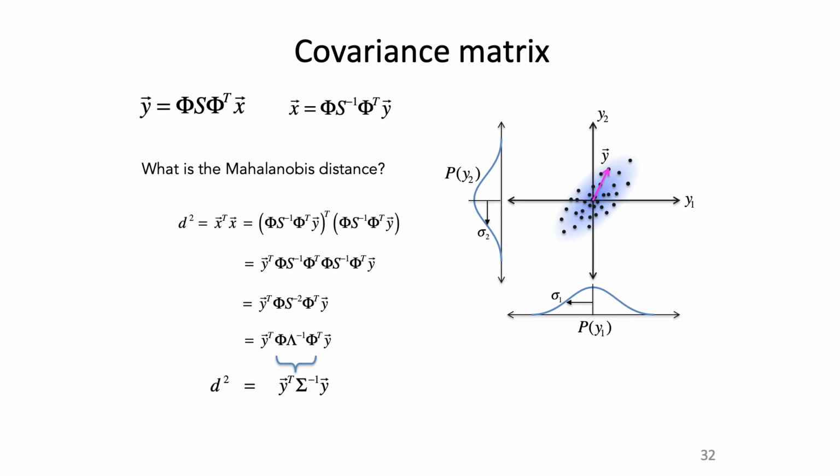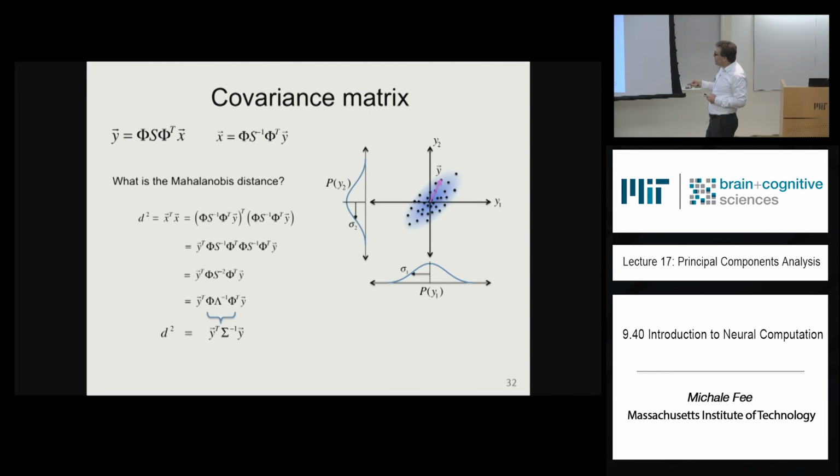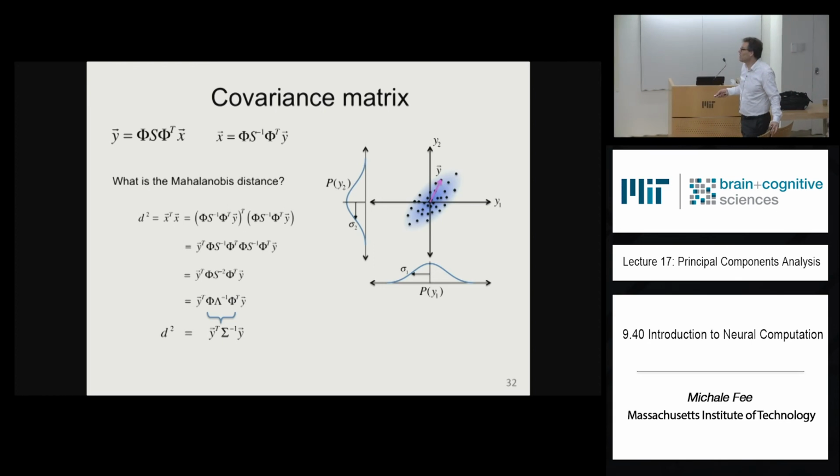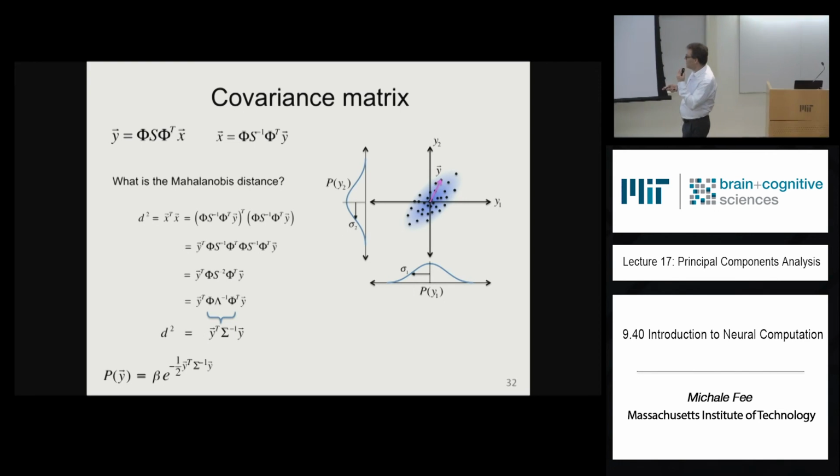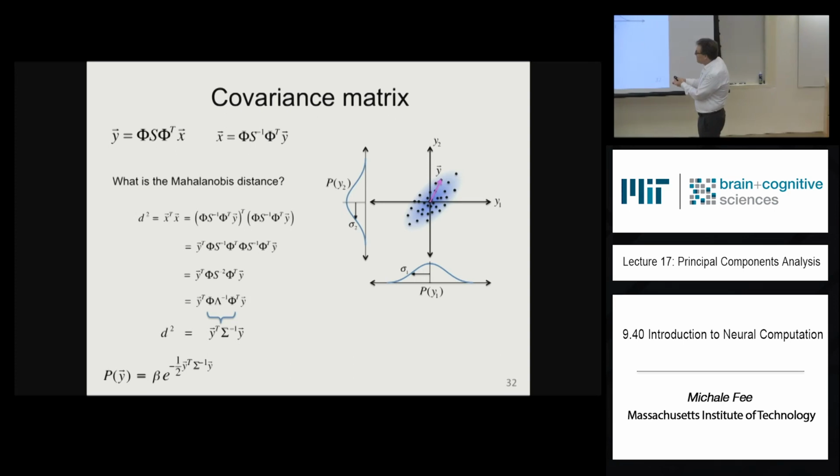What you find is that distance squared is just y transpose phi lambda inverse phi transpose times y, and we just write that as y transpose sigma inverse y. So that is now an expression for an arbitrary Gaussian distribution in high-dimensional space.